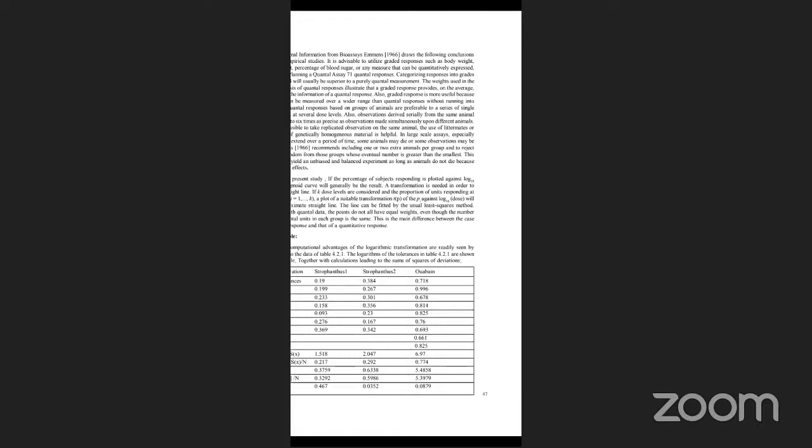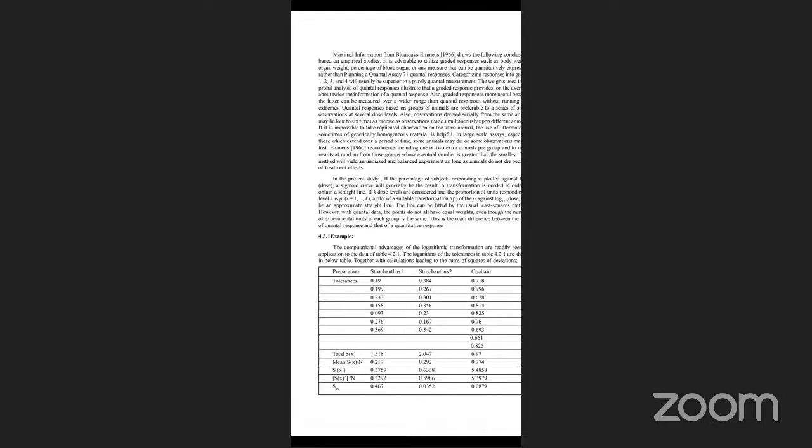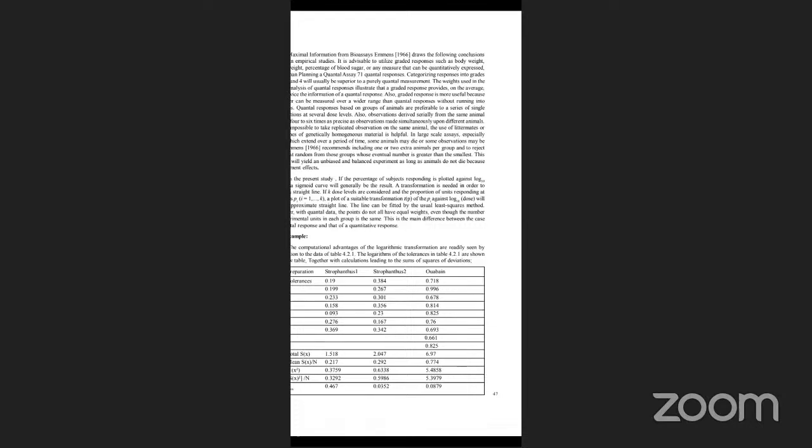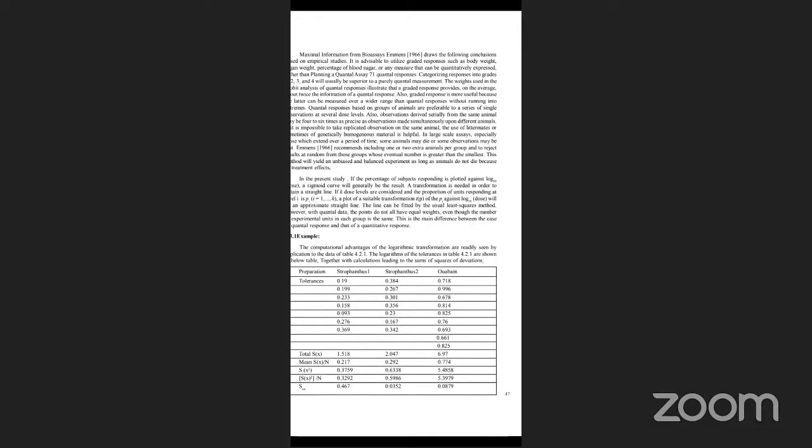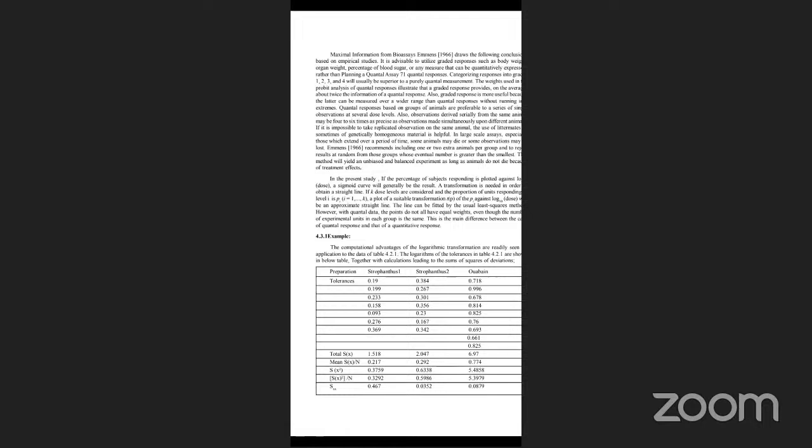Some animals may die, or some observations may be lost. Results are chosen at random from those groups whose eventual number is greater than the smallest. So this method will yield an unbiased and balanced experiment as long as animals do not die because of treatment effects.